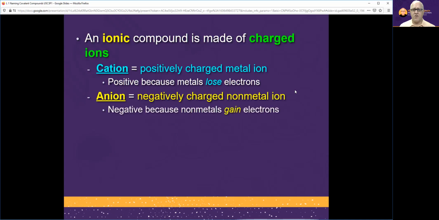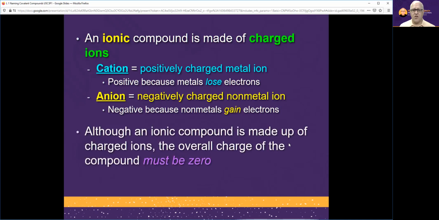And they are negative because the nonmetals gain electrons during that bonding process. And although an ionic compound is made up of charged ions, the overall charge of the compound must be 0. So you add a group 1 metal with a group 17 nonmetal, and now they have a charge of 0.